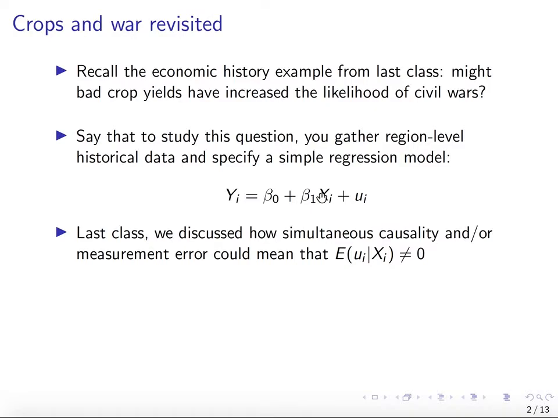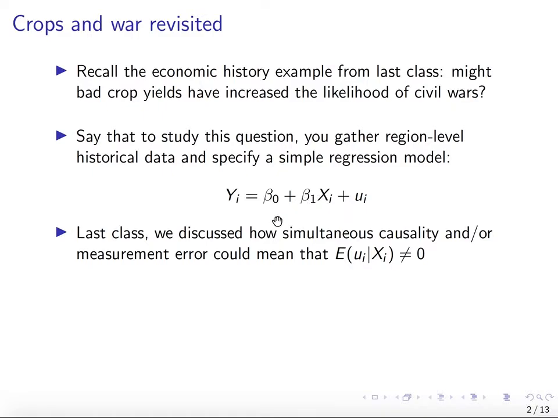But it may also be that civil war itself has a negative impact on crop yields. Well, if the civil war kills about half of the population, you just have half as many people working on the field. And so civil war may have a negative impact on crop yields. This would be a simultaneous causality bias.